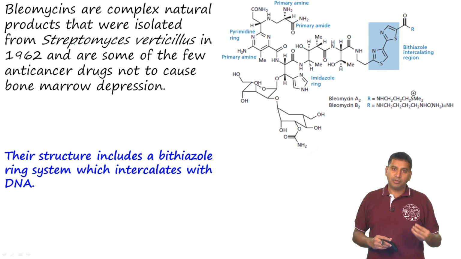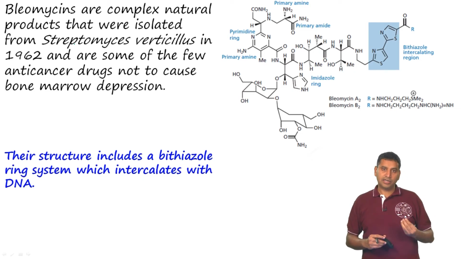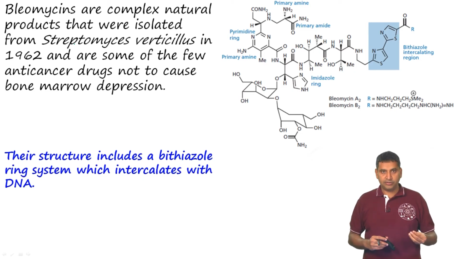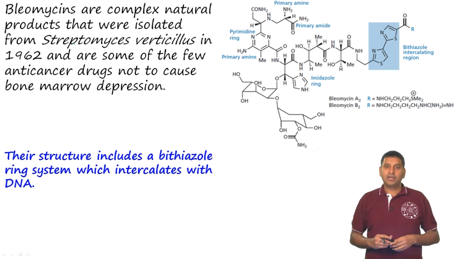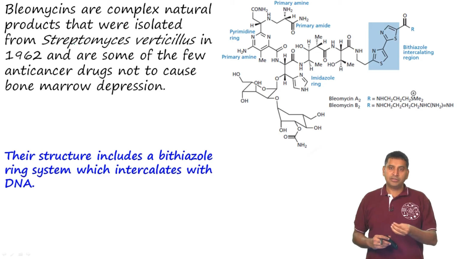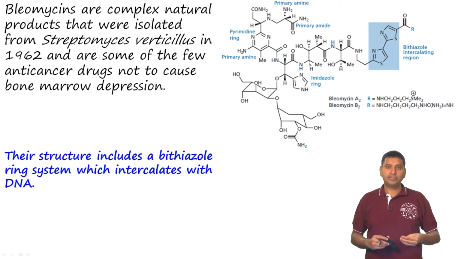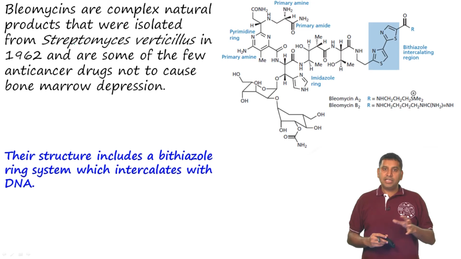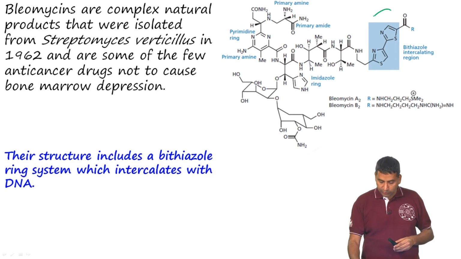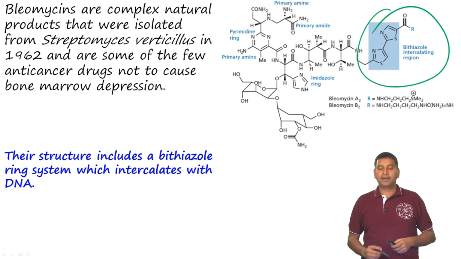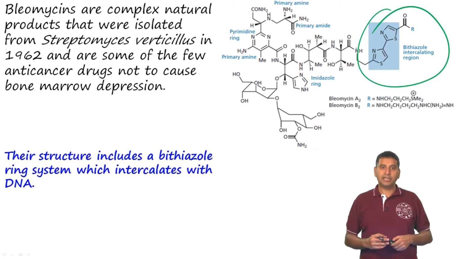In many cases, because anti-cancer drugs target actively dividing cells, they cause non-specific action on the bone marrow, so any drug that inhibits the growth of cancers but does not affect the bone marrow is very useful. One of the key elements of the structure of bleomycin is this bis-thiazole ring, which is believed to be the major intercalating species.